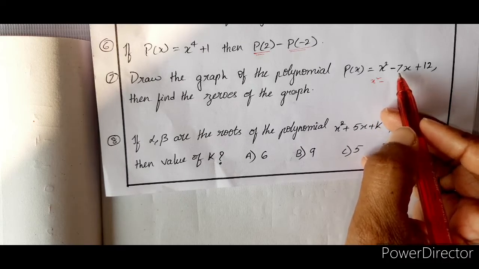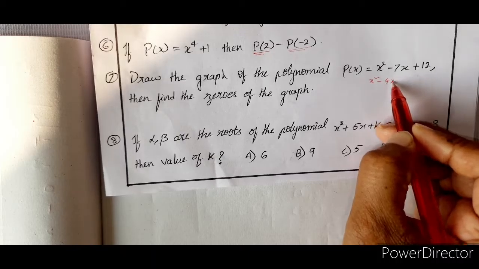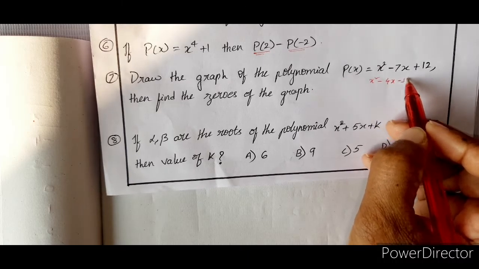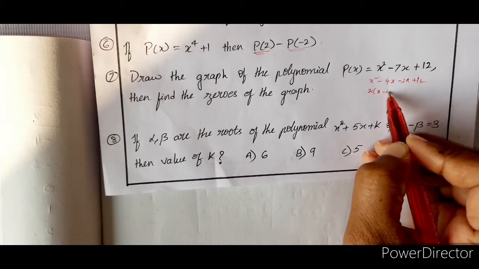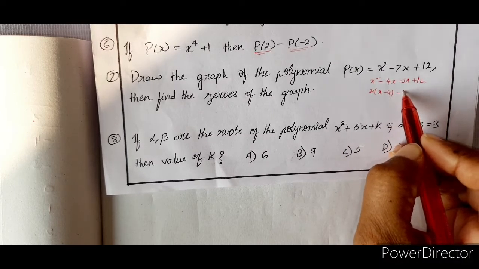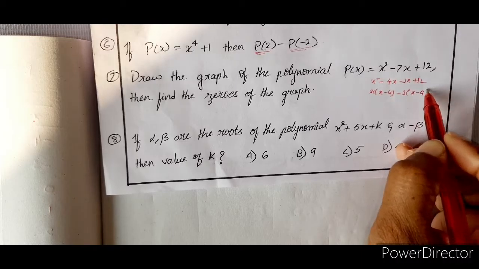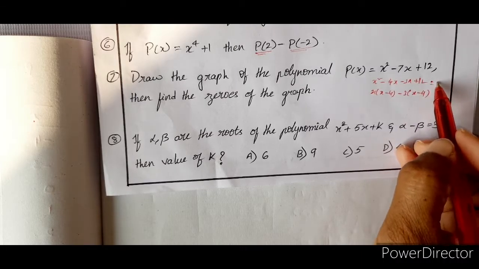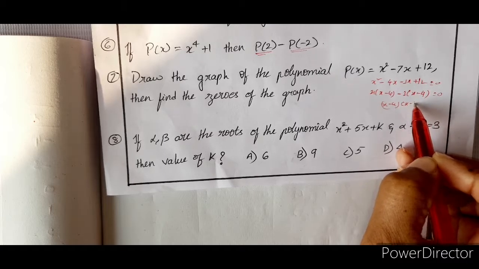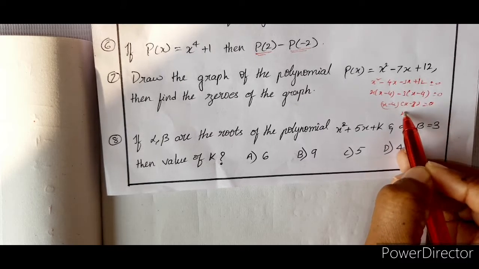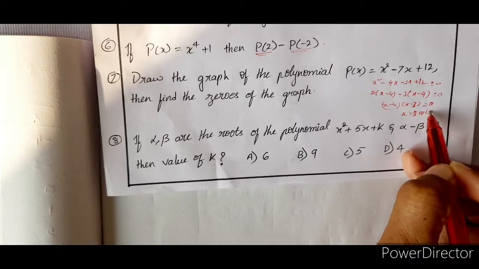So here we can go with x square minus 4x minus 3x plus 12. So x into x minus 4, minus 3 into x minus 4. So this is equal to 0. x minus 4 into x minus 3 is equal to 0. So x is equal to 3 or 4.